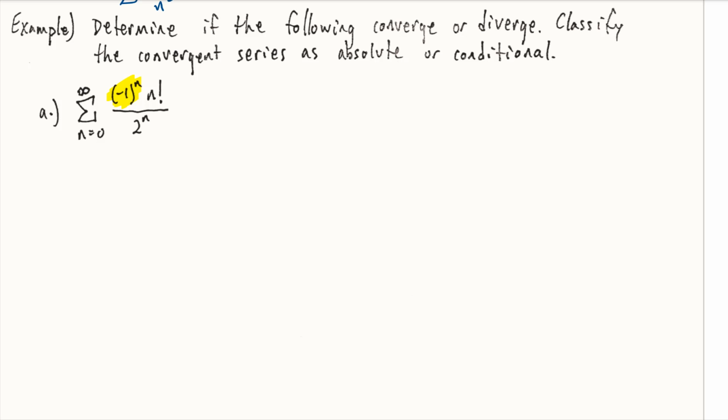We could gamble. We could slap absolute value on it. But the top is n factorial and the bottom is 2 to the n. Both of those increase rapidly, but man, factorial increases so much more rapidly. So I think the numerator, as n gets larger, is going to way outpace the denominator.